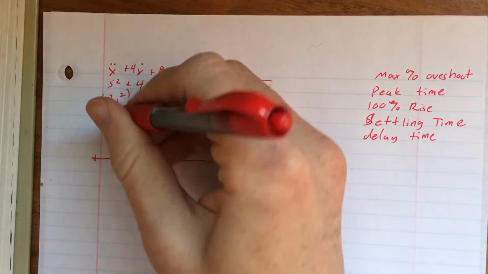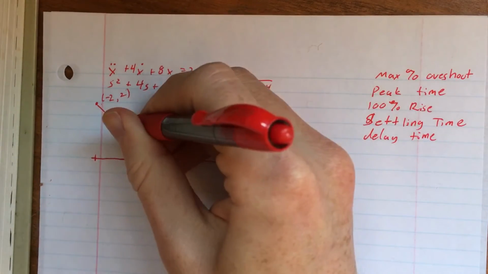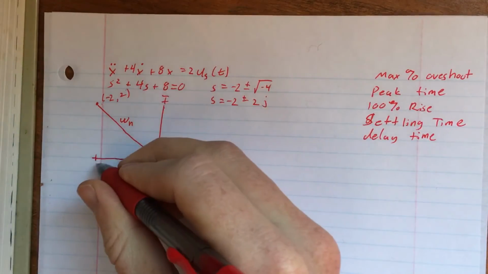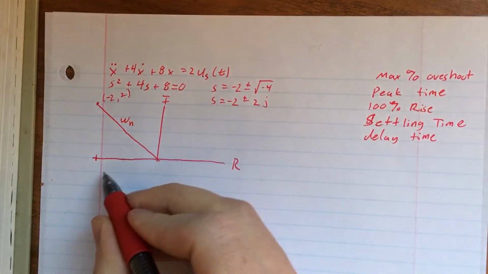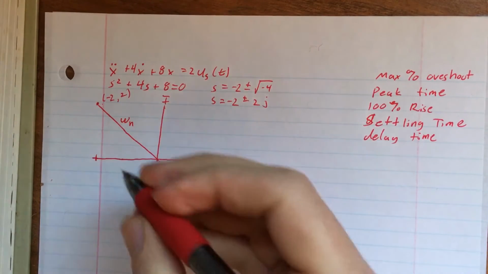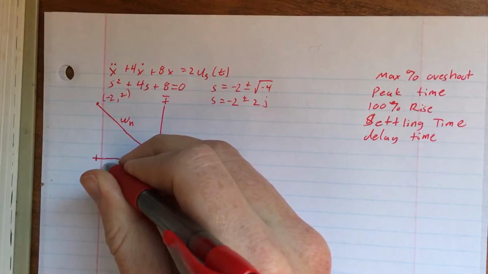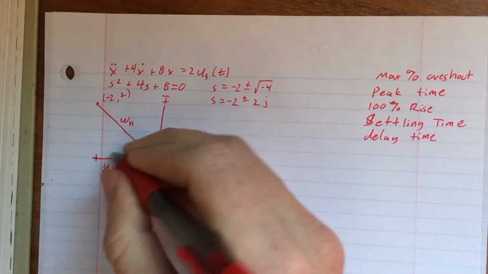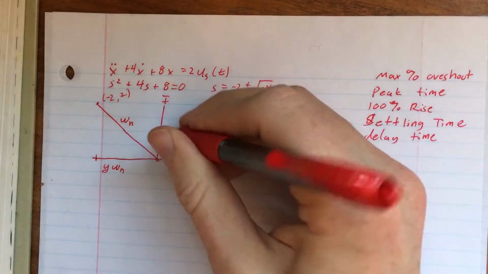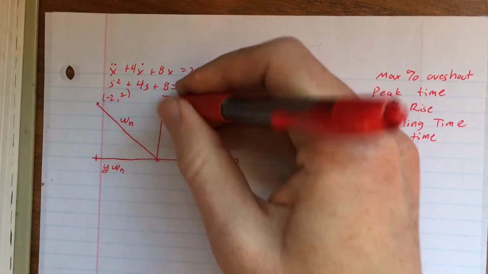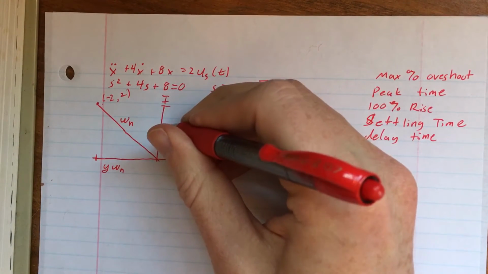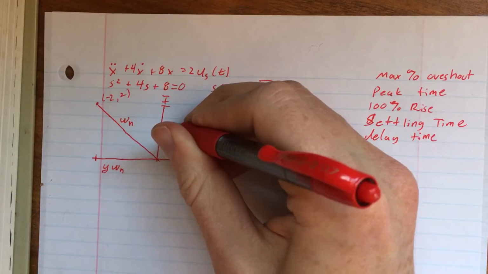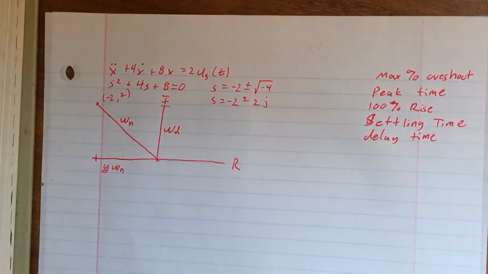And this line is given to be the natural frequency. And the real part is zeta times the natural frequency, and zeta is the damping constant. And then this is the damped frequency right here.